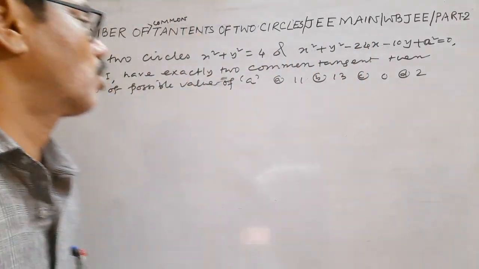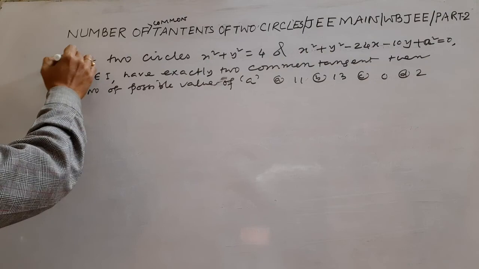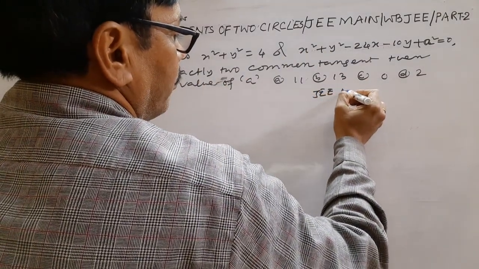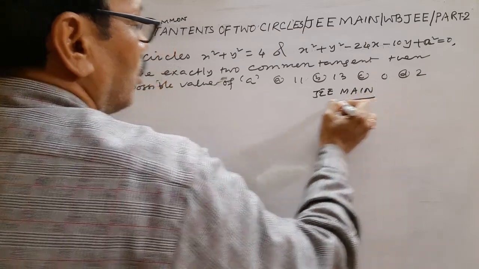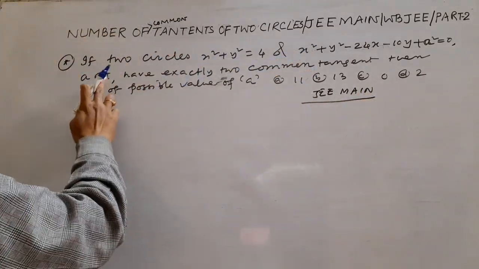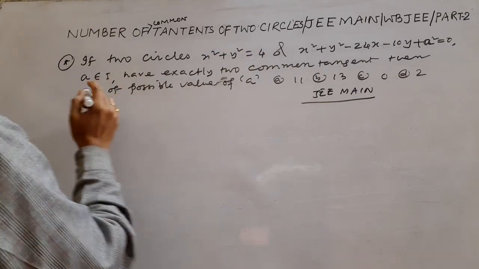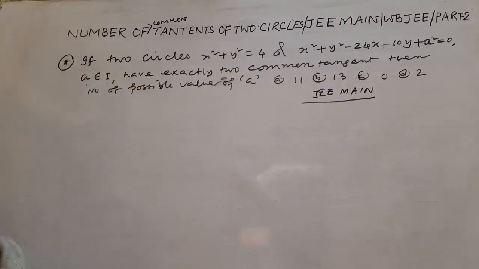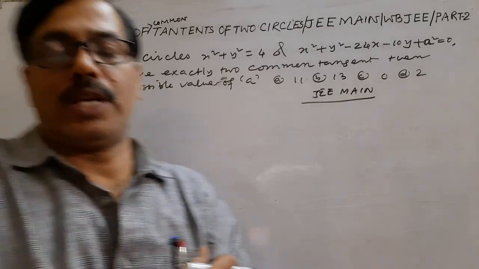Now consider one more problem. This is a problem of JEE Main. Two circles, this and this, where a belongs to integer, have exactly two common tangents. The number of possible values of a.